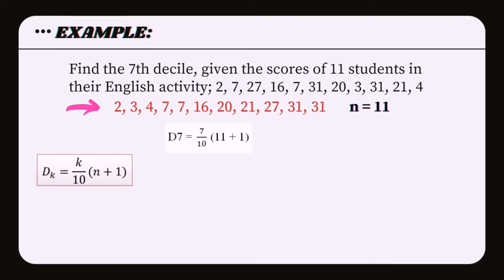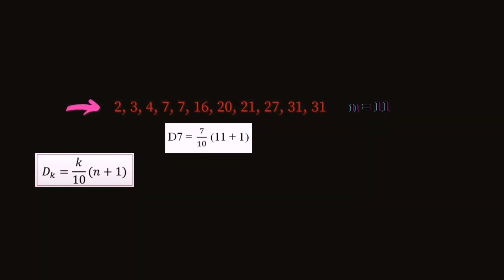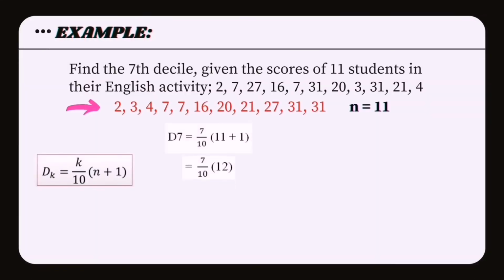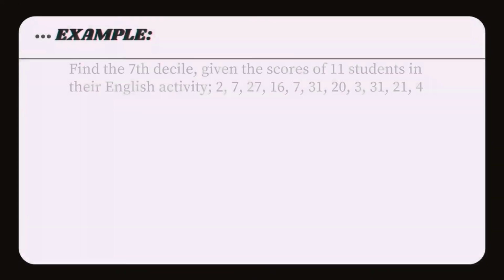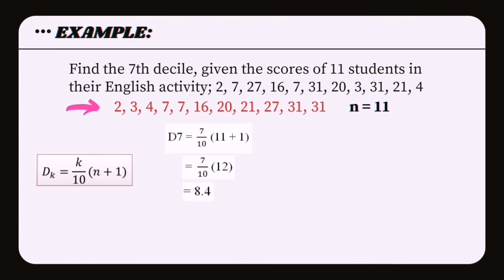Kaya ang value ni k is equal to 7. Next, add lang natin 11 plus 1 is equal to 12. Bakit siya naging 11? It's because the total number of data is equal to 11. Kaya 11 plus 1 is equal to 12. And now, let's multiply 7 over 10 times 12. And the total is 8.4.